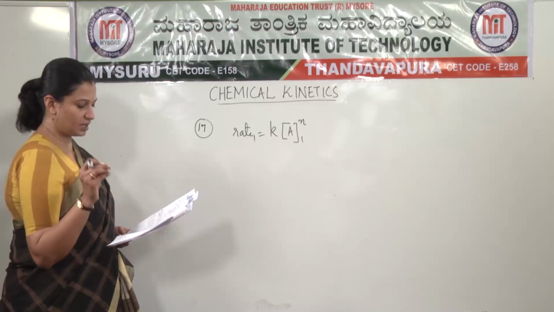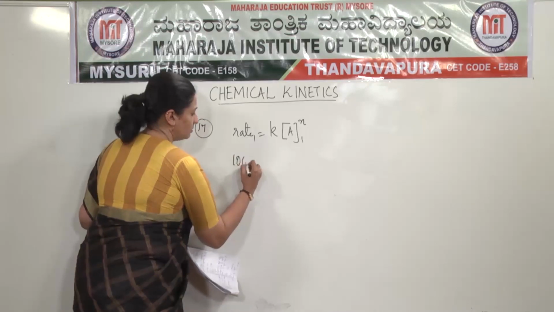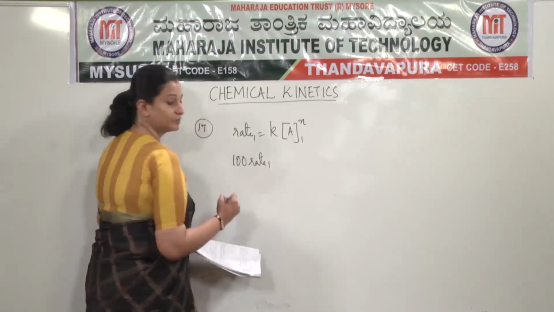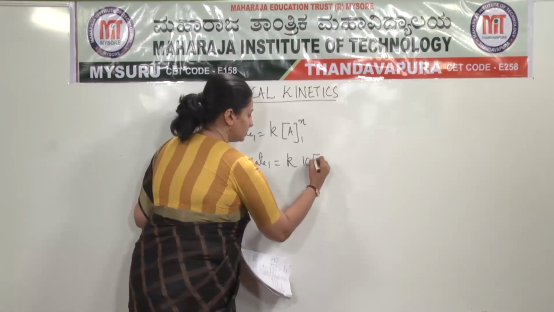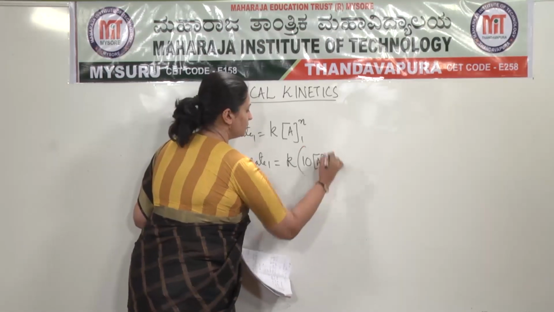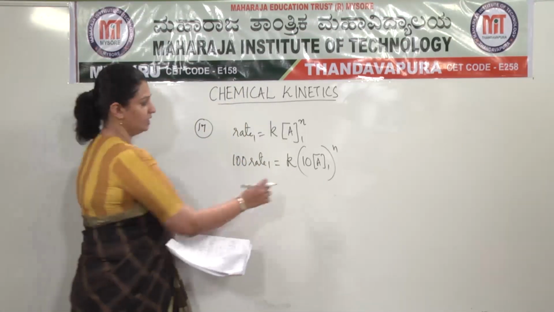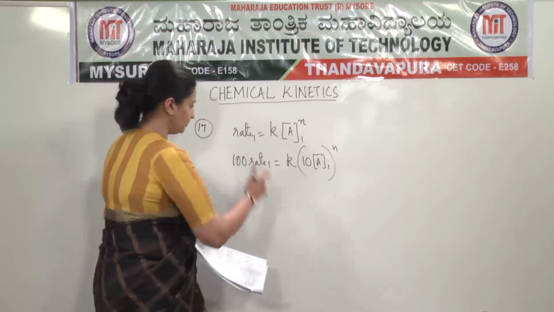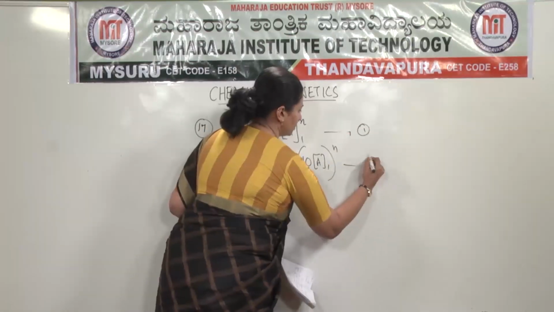It says that the rate has increased by a factor of 100, which means rate 2 can be written as 100 times rate 1. K will remain constant, and that happened when the concentration of A has been increased tenfold, so 10 times the initial concentration, 10 A1 whole raised to N. Let me call this equation 1 and this equation 2.